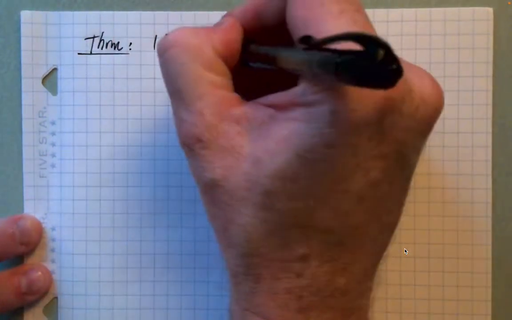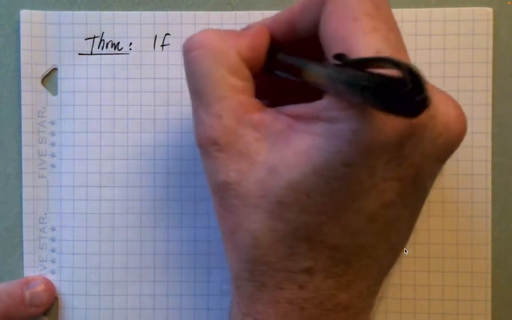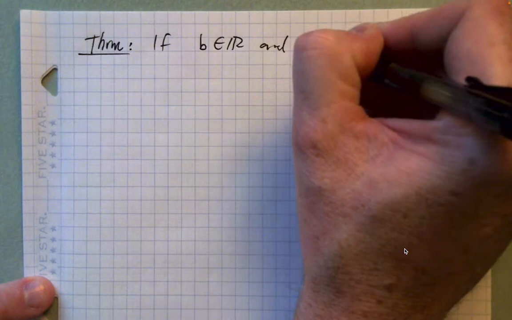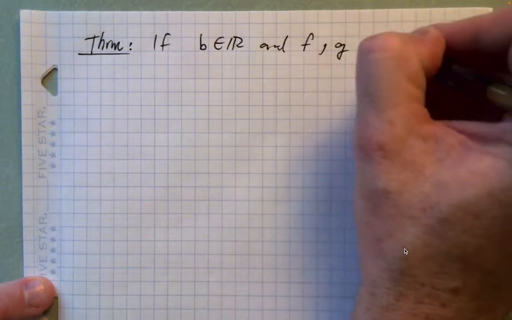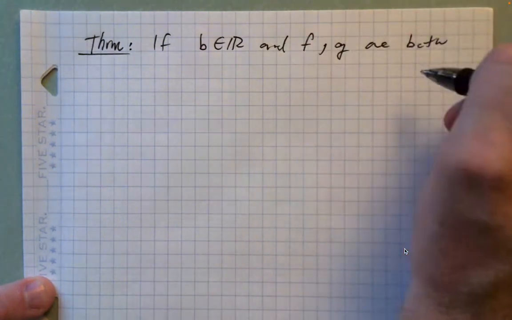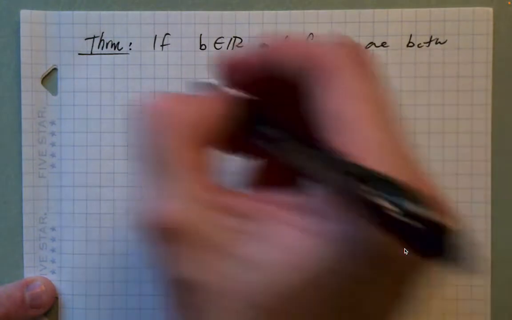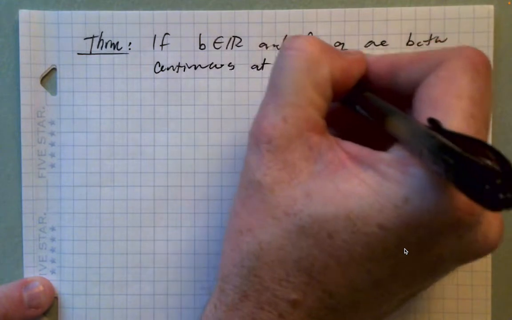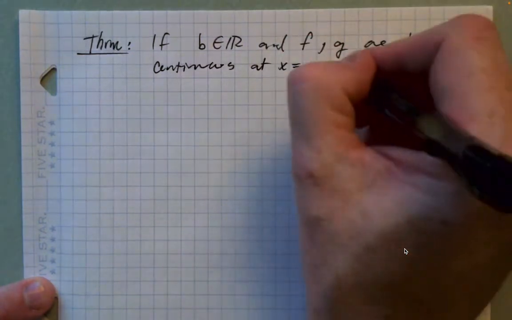So if b is a real number and f and g are both continuous at x equals c, okay?